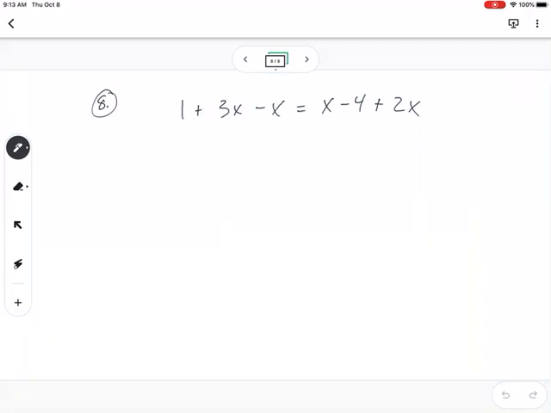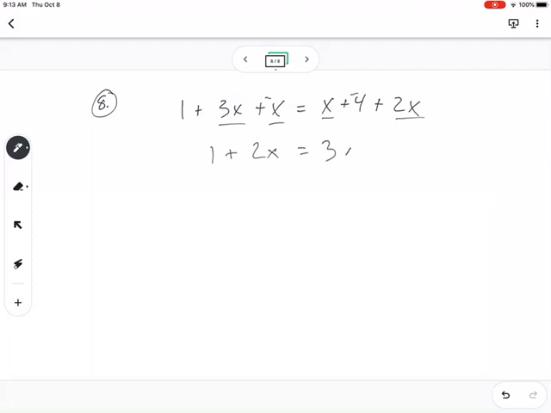And the last question, we need to simplify both sides once again. So I'm going to change this to plus a negative, plus a negative. There's no multiplying to do, no distribution. So let's add those two together. And then on the other side, add those two together.